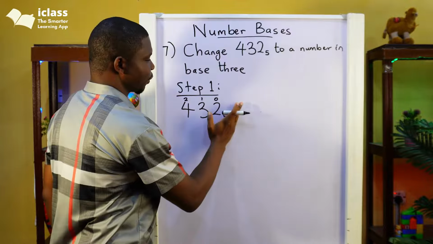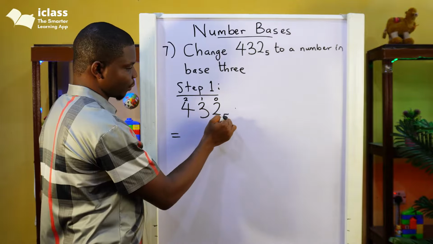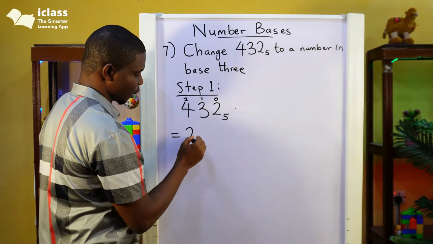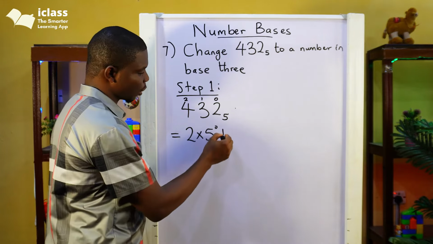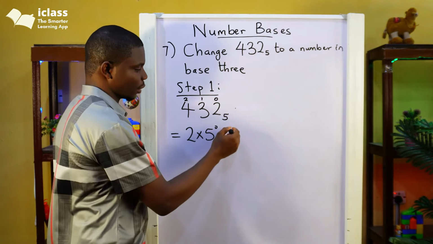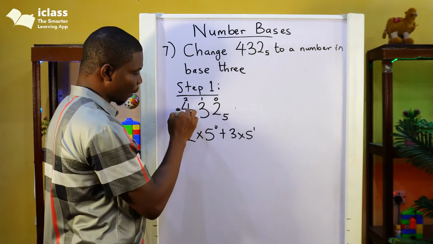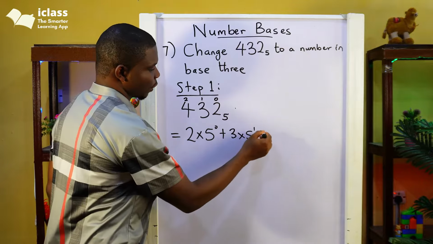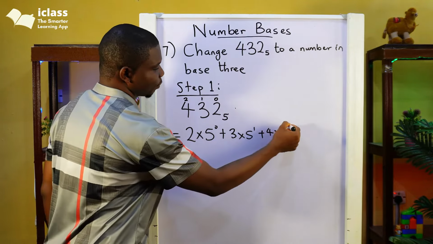Then we would have, we say 2 times 5 raised to power 0. The digits times the base raised to power the label, plus the digits times the base raised to power the label, plus the digits times the base raised to power the label.